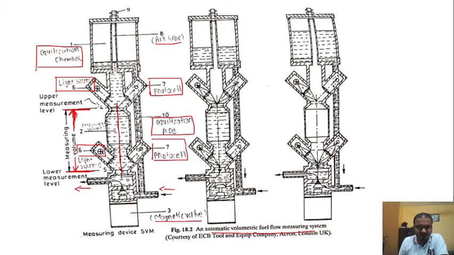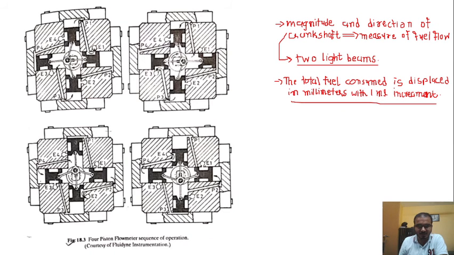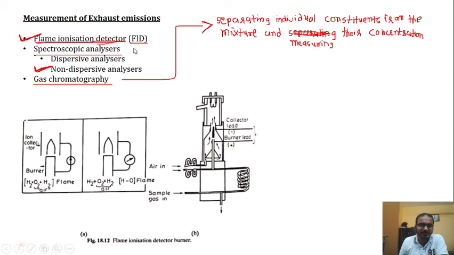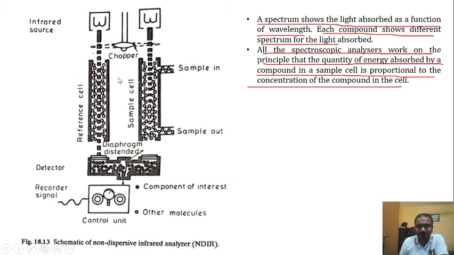We discussed the automatic volumetric fuel flow measuring instrument. The second was the 4-piston flow meter. The third one was the automatic fuel measurement device. And then we discussed measurements of exhaust emissions, in which we studied the flame ionization detector and non-dispersive analyzers.